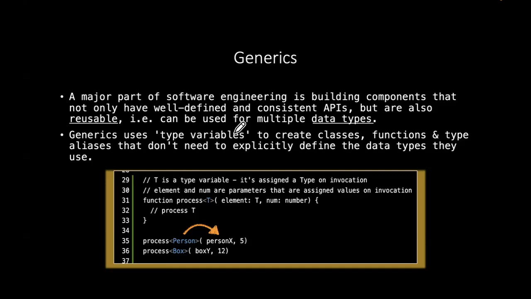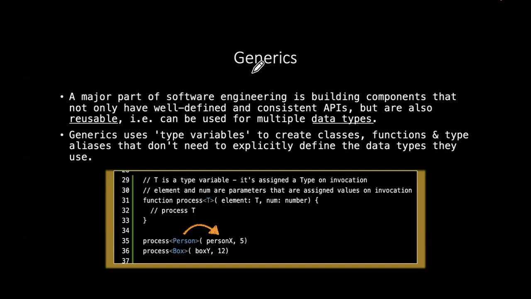We can specify a different type or types for the variables at execution time. When we talk about variables, we talk about assigning a value to a variable. But with generics, we're able to assign a type to a variable. So whatever the nature of the component is, it's going to be reusable for different data types.